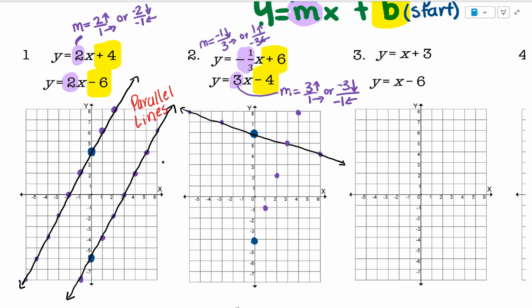And then once we get all the possible points, we go ahead and connect them. You can see that they're going to intersect and they form a 90-degree angle when they do. So these are perpendicular lines.